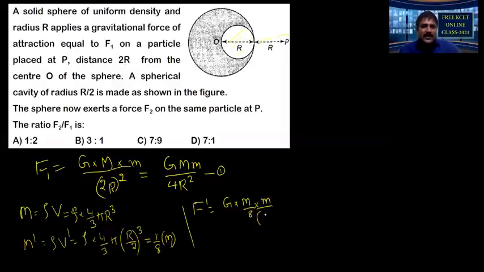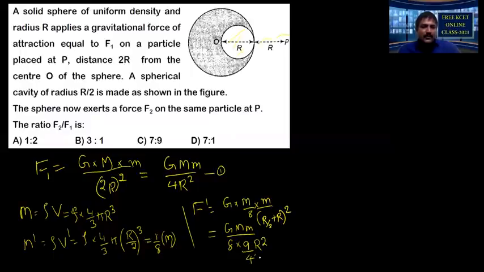So the total distance is (r by 2 plus r) whole square. Now I can simplify this. It becomes G M m by 8 into, squaring r by 2 plus r, which is 3r by 2, squaring 3r by 2 is 9 by 4 r square.